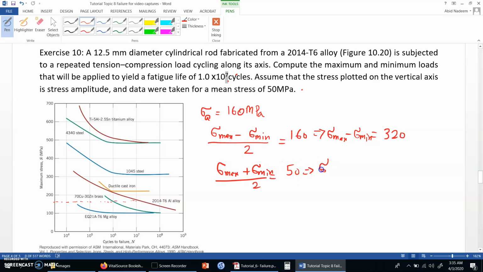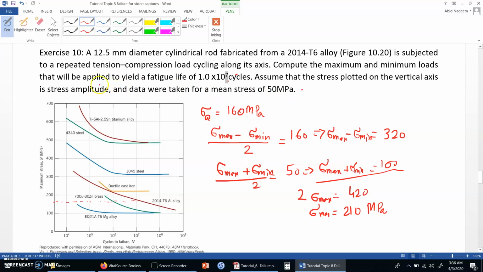So sigma max plus sigma min will be equal to 100. So solve these two equations. Just add these two equations, so it will be 2 sigma max equal to 420. So sigma max will be then 210 megapascal.